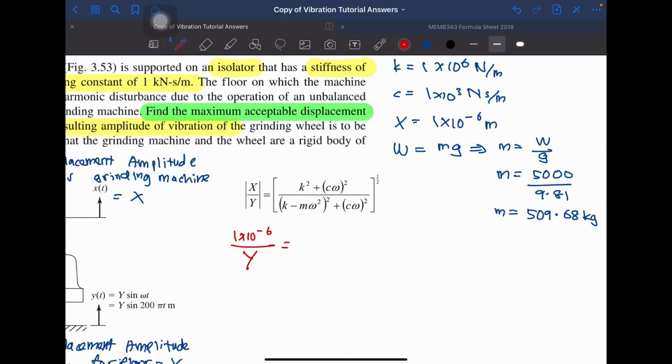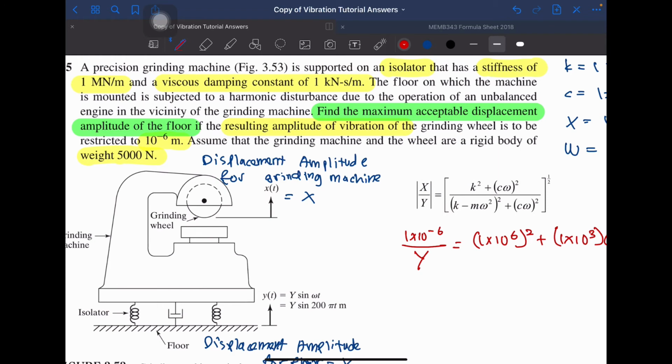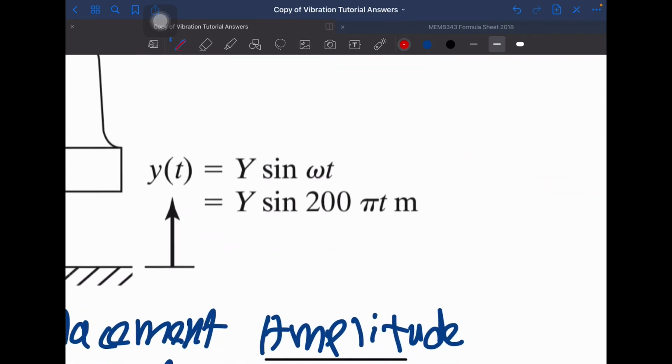Substitute all the values here. The k is 1 times 10 to the power 6, squared, plus the c, 1 times 10 to the power 3, multiplied with the omega. Where can you find your omega? Your omega is actually given in the figure itself, and it is given as 200 pi.